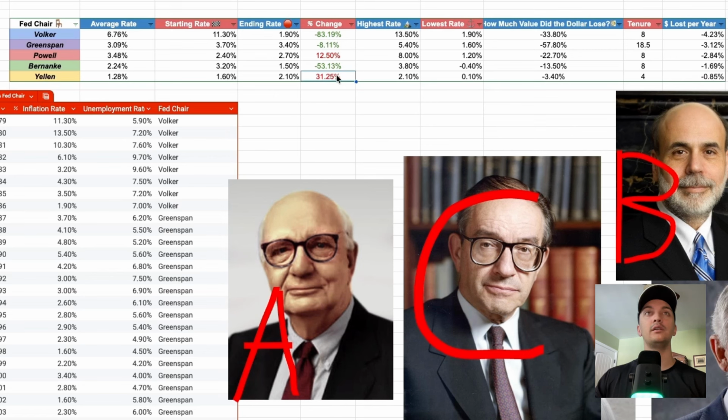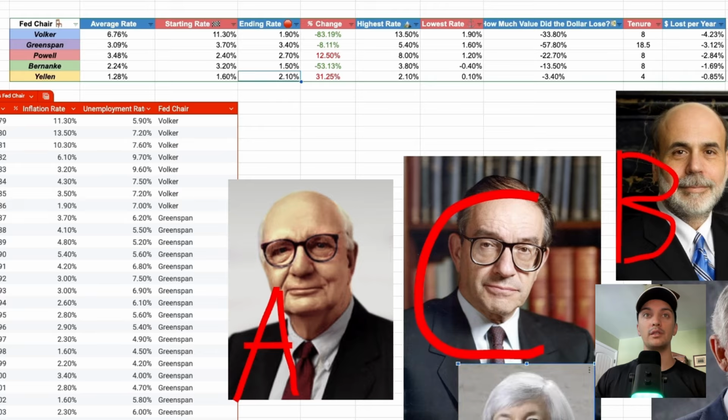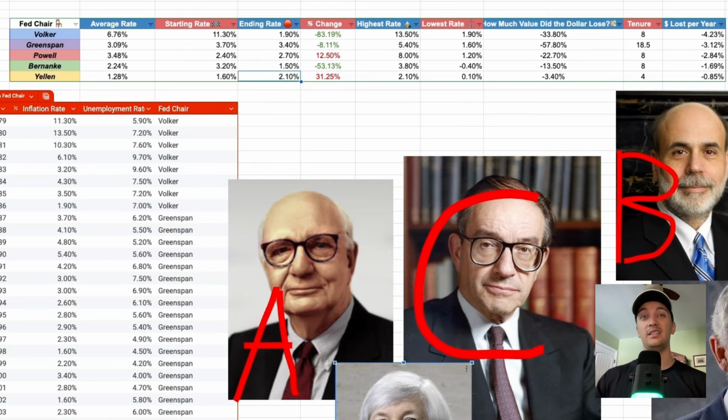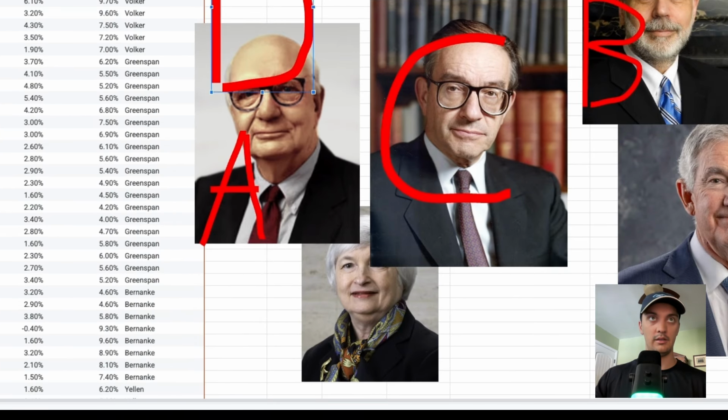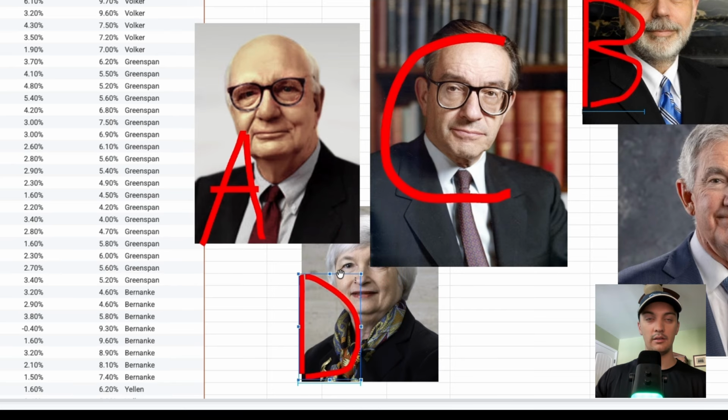That's a bad thing. Highest rate 2.1, lowest rate 0.1. So she took a very good situation and made it a little bit worse. So for that, I'm going to have to give her probably a D because it went up. So Janet Yellen is getting a D so far.